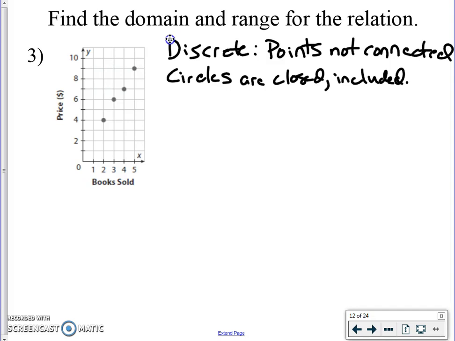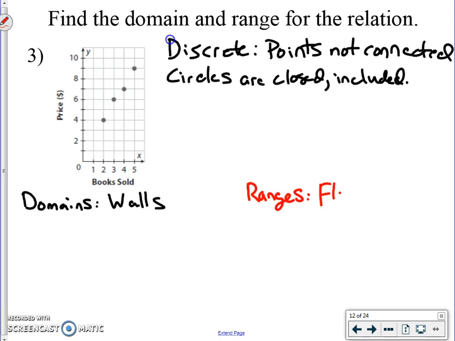And one way we can determine our domain and range is by building walls for our domain, so these domains will have walls, and our ranges will have floors and ceilings.